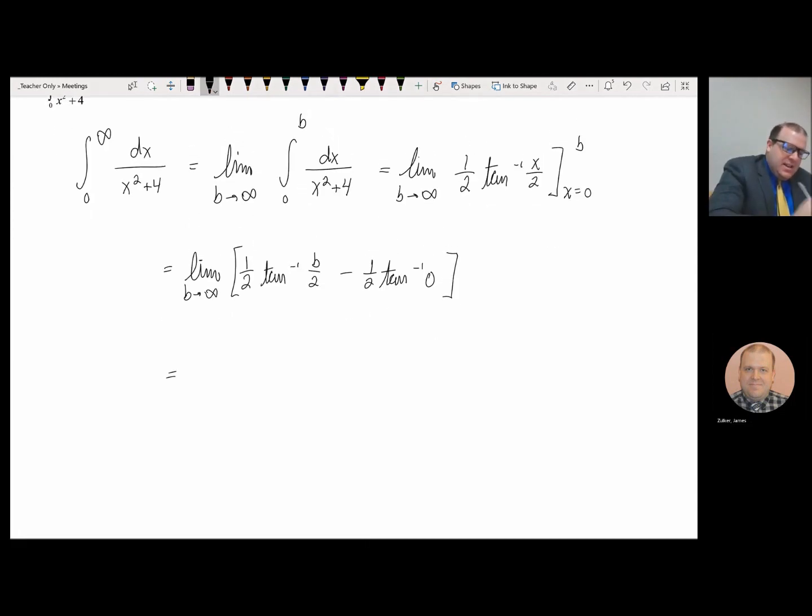Again, just to be explicit, I'm going to split this into 2 limits. What is the inverse tangent of 0?